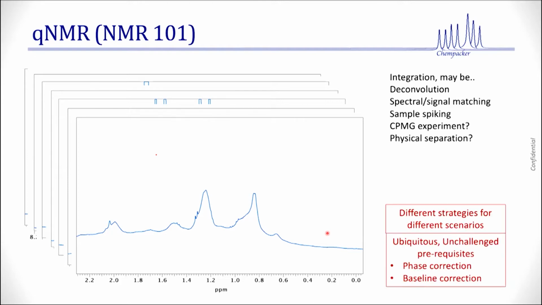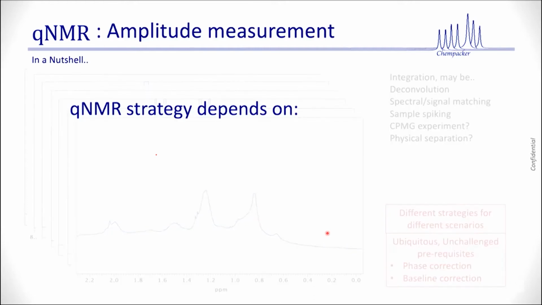The point here being, we use different strategies for different scenarios, which is okay. But in all of these strategies, you continue to have the same thing: phase correction and baseline correction.